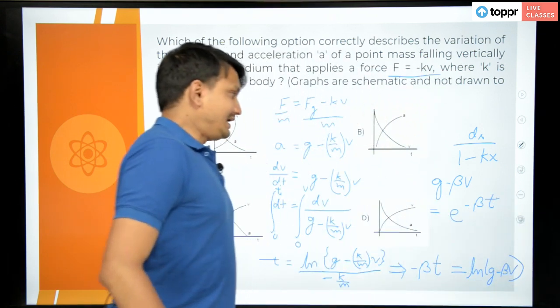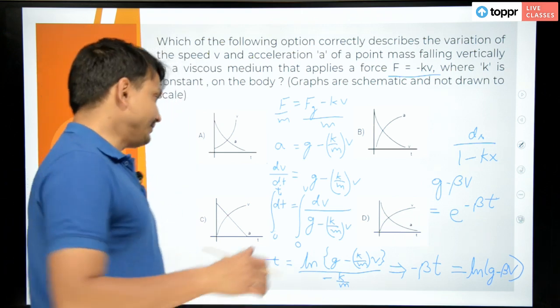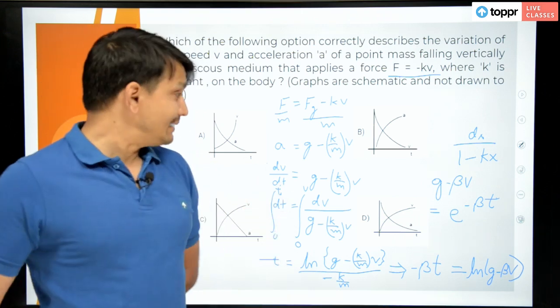So, now our equation is something like minus x is equal to e to the power minus x.